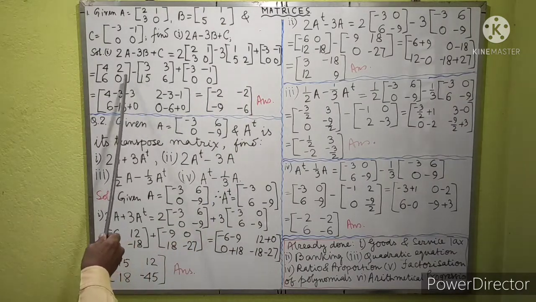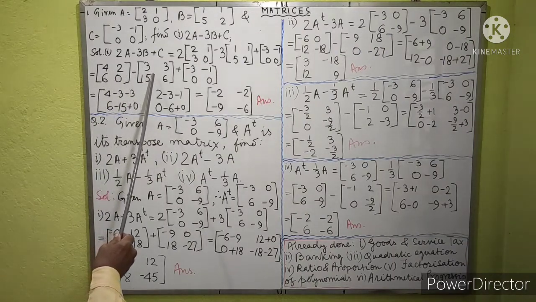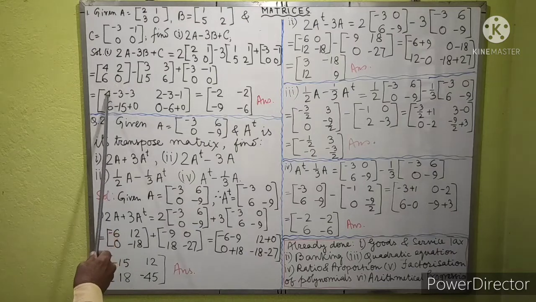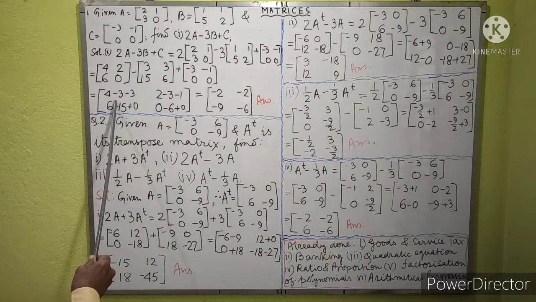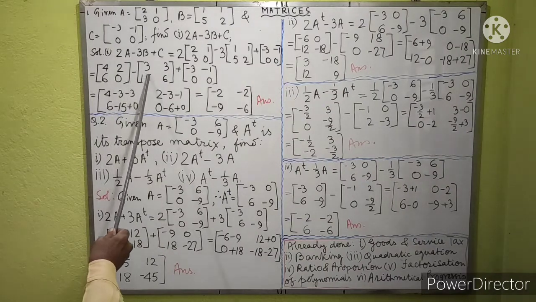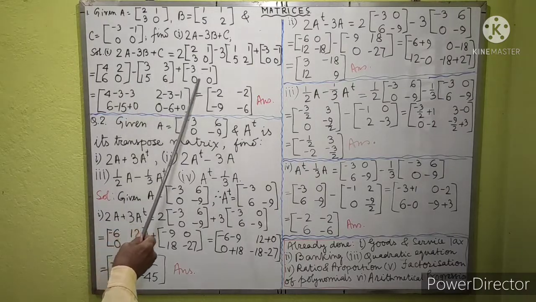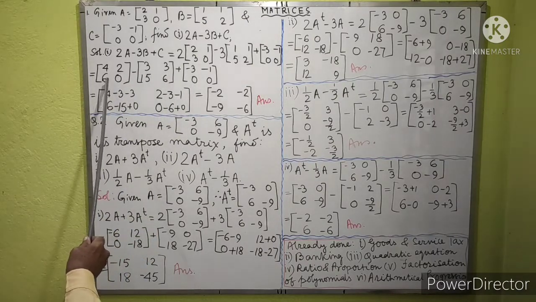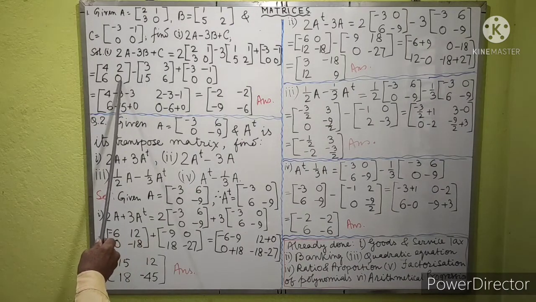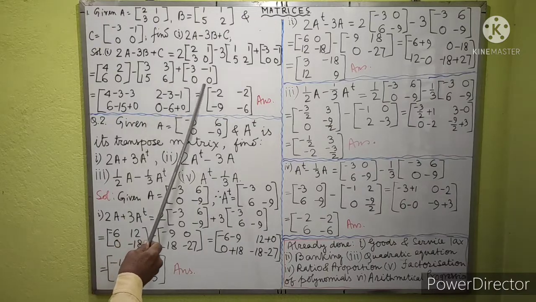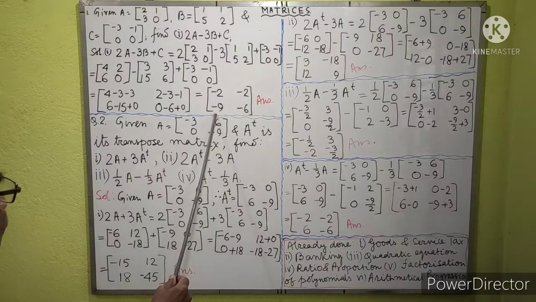So when you subtract B from A and add C, you will get 4 minus 3 minus 3 and 2 minus 3 minus 1, 6 minus 15 plus 0 and 0 minus 6 plus 0. The result is minus 2, minus 2, minus 9, minus 6.